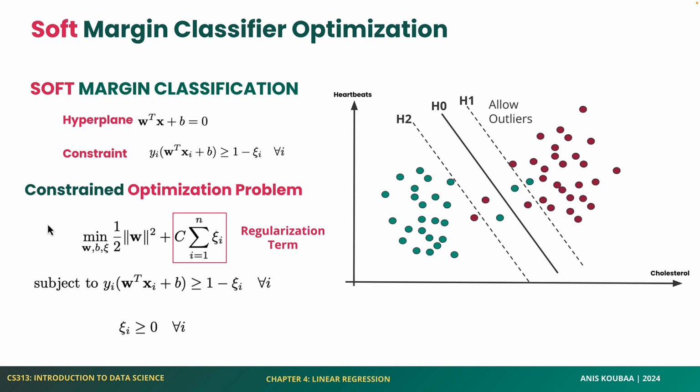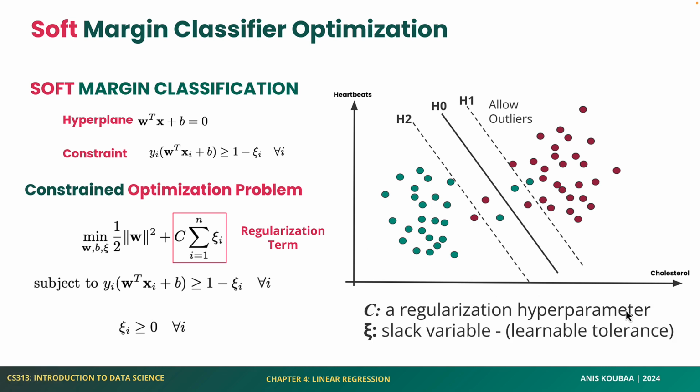So in the max margin classifier, we minimize only the norm of the vector. In the soft margin, we're going to have a regularization term that will consider a hyperparameter C, subject to the constraint that this product is greater than 1 minus xi for every feature vector.